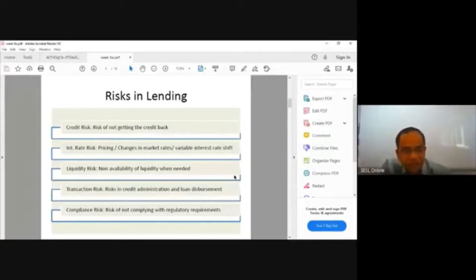Then the compliance risk. The compliance risk also of late is becoming a significant issue because there are a lot of compliance requirements, right? Lots of compliance requirements. The central bank says if you have opened an LC and then given an import demand loan for a prohibited item, right?